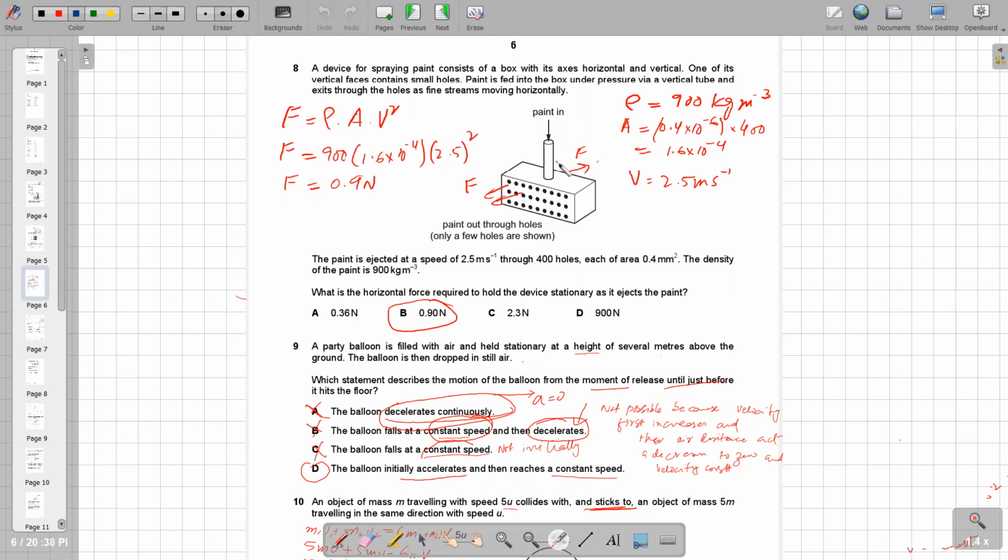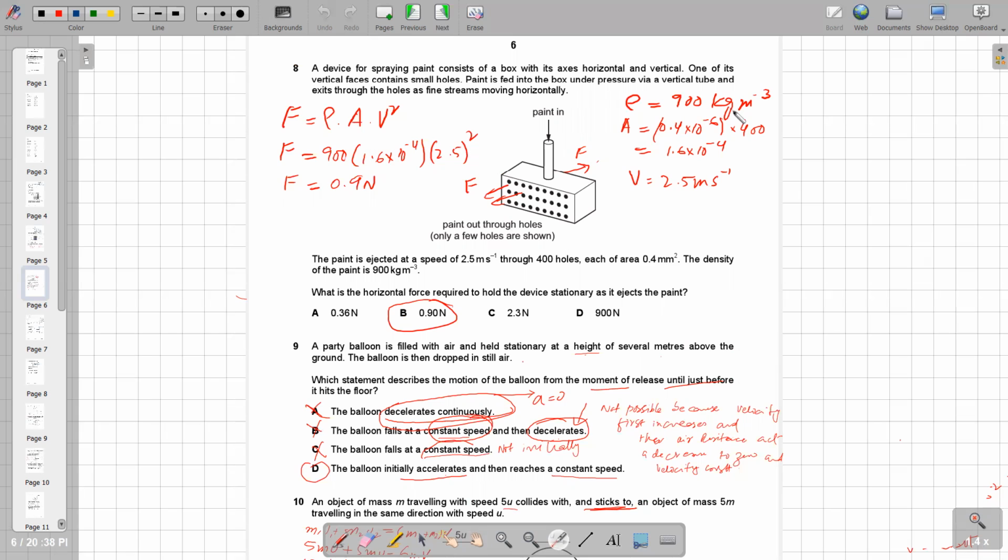When we push the button, the color comes out from these holes, right? They have given the area of the hole and the number of holes, and we know the density of the color, which is 900 kilogram per meter cube, and the velocity from which it is ejecting out is 2.5 meter per second.